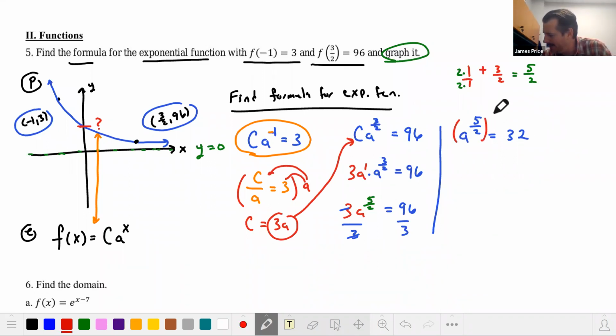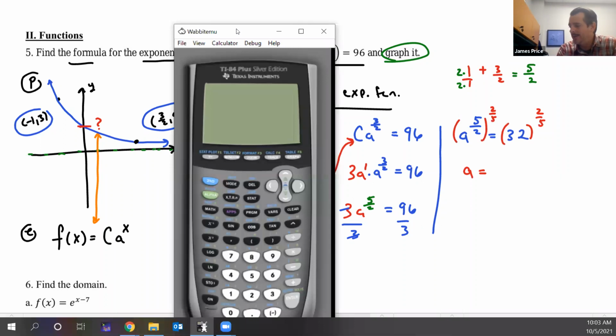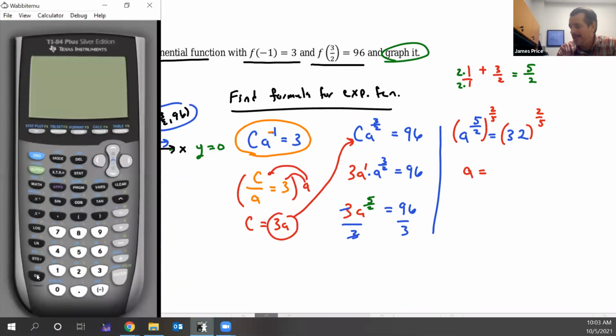To get rid of 5 halves, I'd raise this side to the 2/5 and raise this side to the 2/5. When you multiply exponents here, the 5's cancel and 2's cancel, so you just get back a. And then 32 to the 2/5, you can check this on your calculator. I don't have any issues with that. If you want to use your calculator to interpret that, you can, although you can do this by hand.